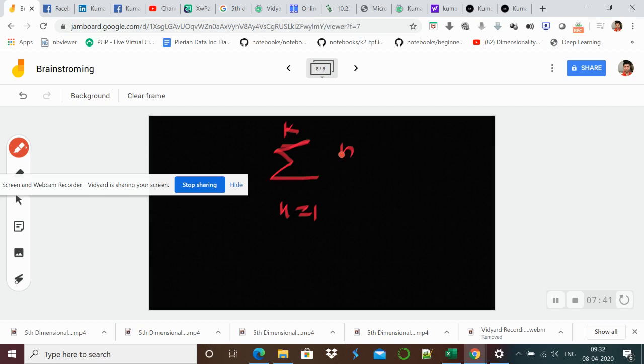The first dimension is row, the second dimension is column, the third dimension is phases, and the fourth dimension is cube.